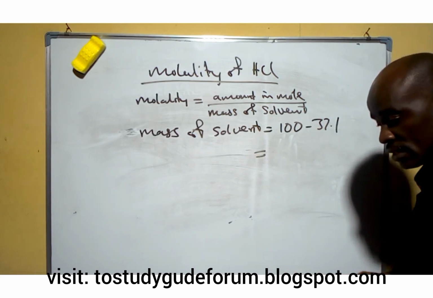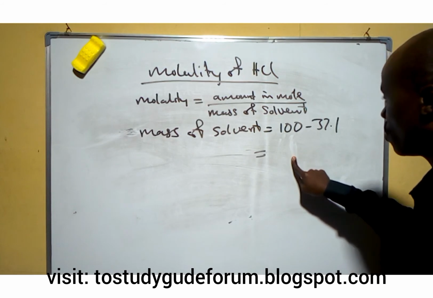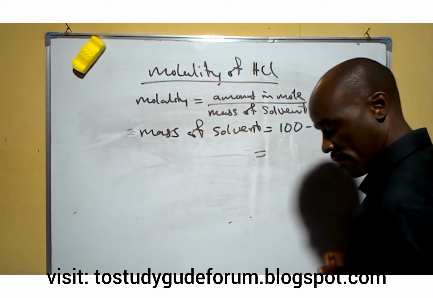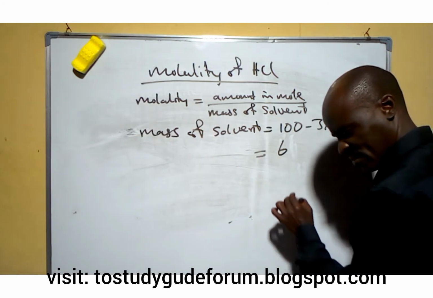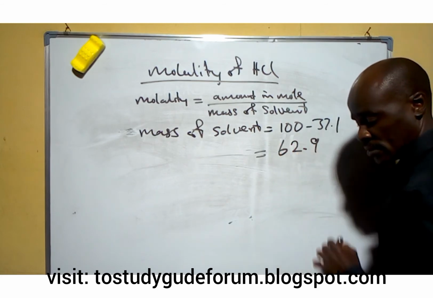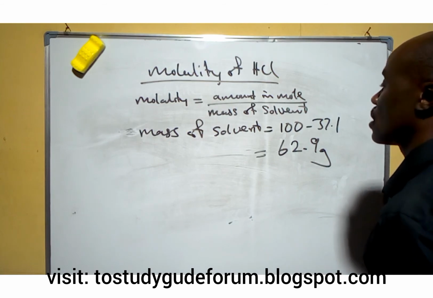So when we subtract this from the 100, the remaining one will be the mass of the solvent. So what we have here should be 62.9 grams.